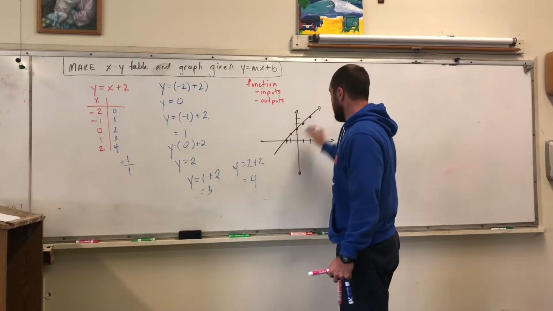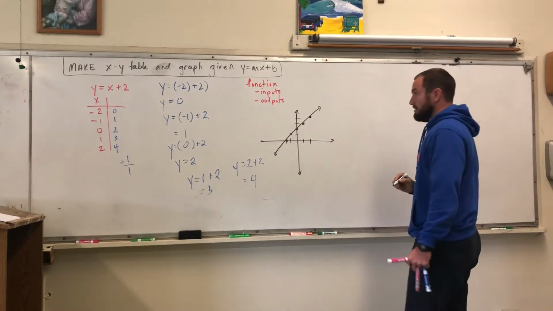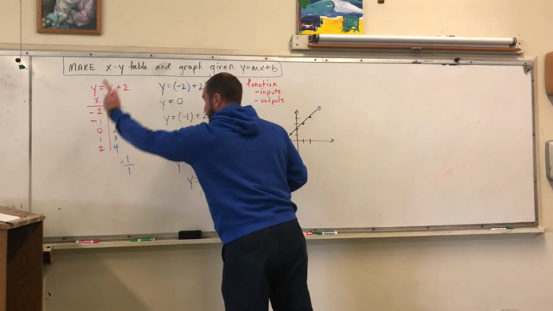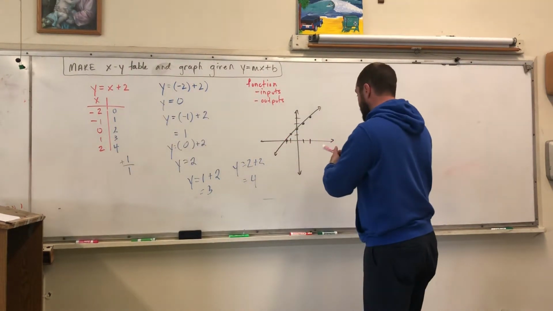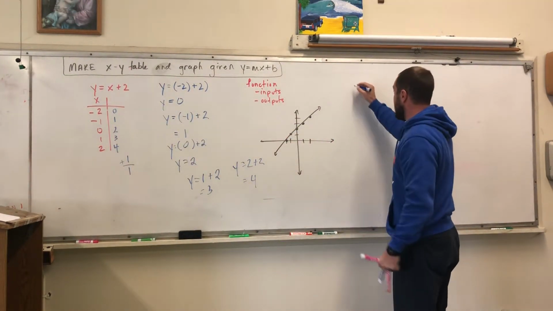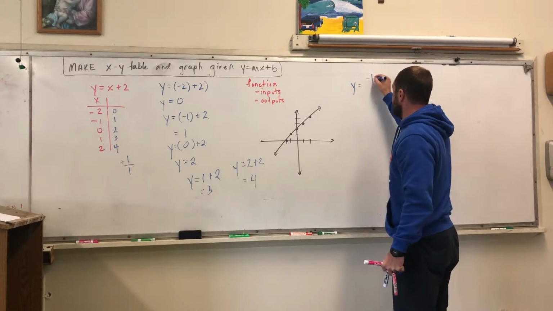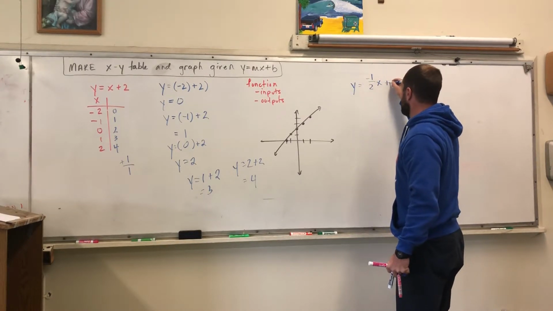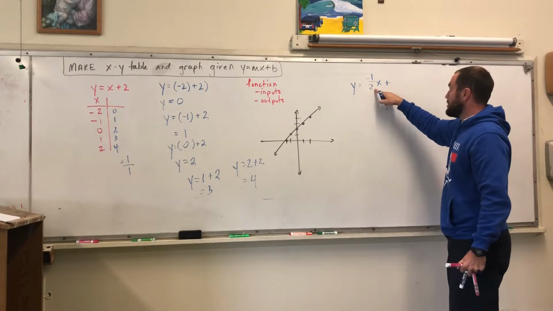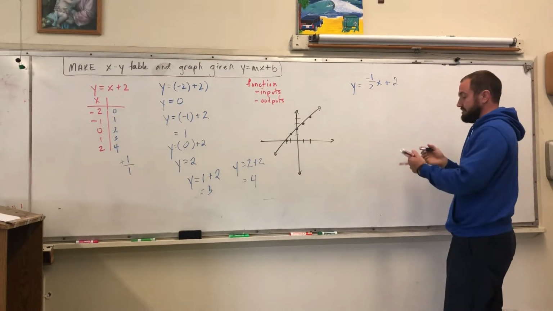Okay, this is how we're making a graph, given a function where we're making a table and then making a graph. You may end up with a problem that has a negative slope with a fraction, and then maybe this time a positive y-intercept.